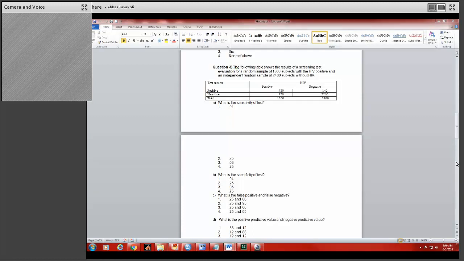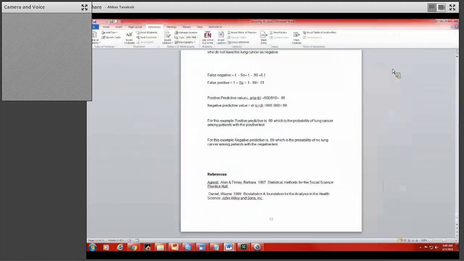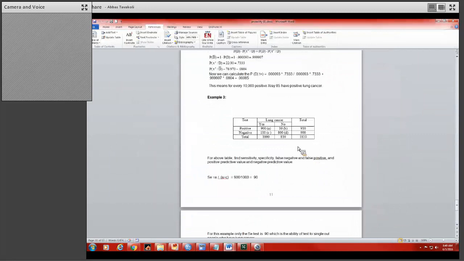So we have positive test and negative test, and the question I ask is to calculate the sensitivity and specificity and positive predicted value, and also what is the false positive.